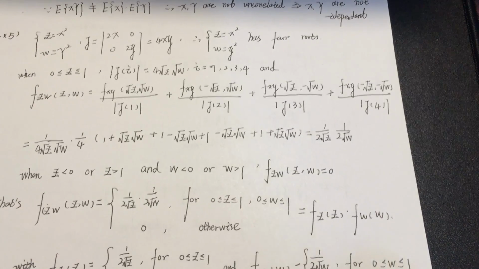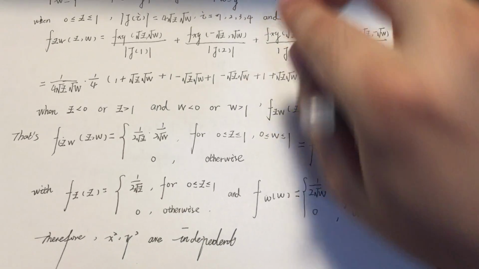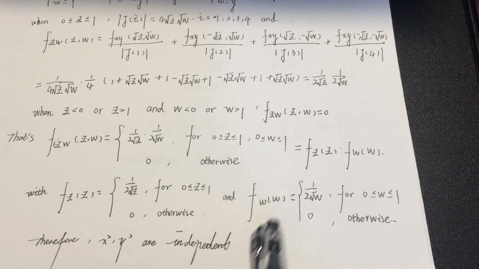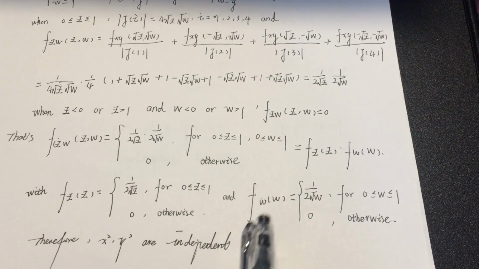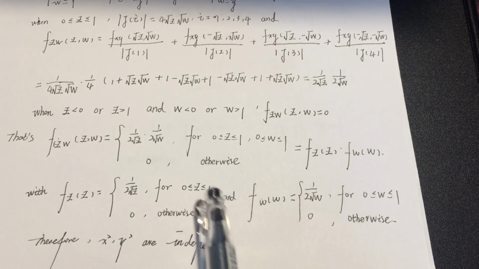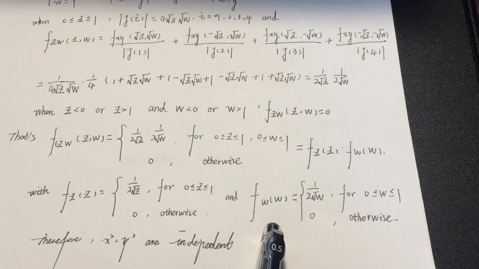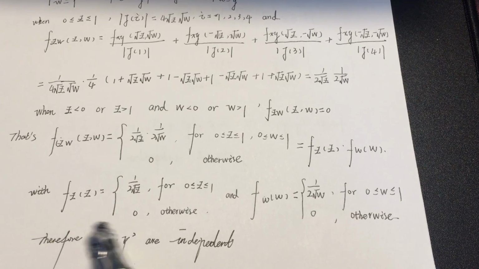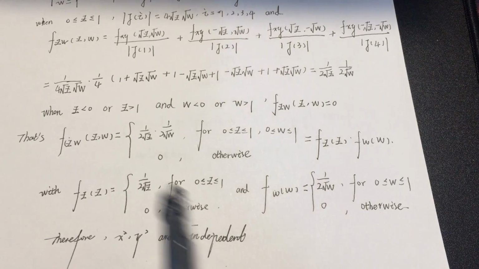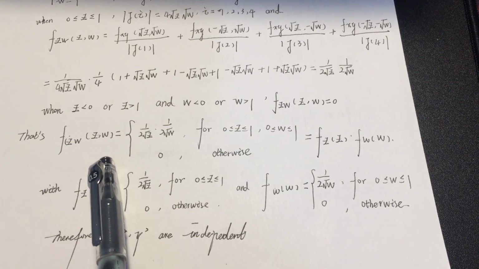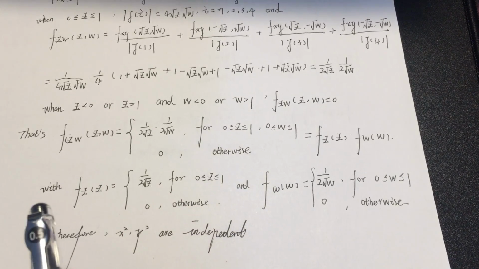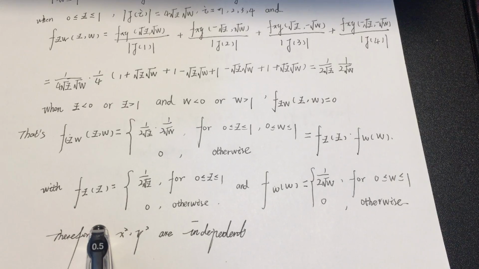Also, we have to calculate the individual density function of Z and the density function of W, and we can easily observe that if the density function of Z multiplied by the density function of W equals the density function of ZW, then Z and W are independent.